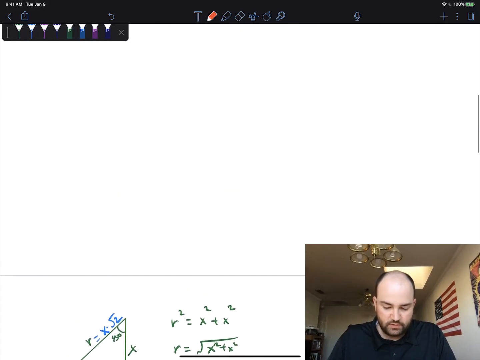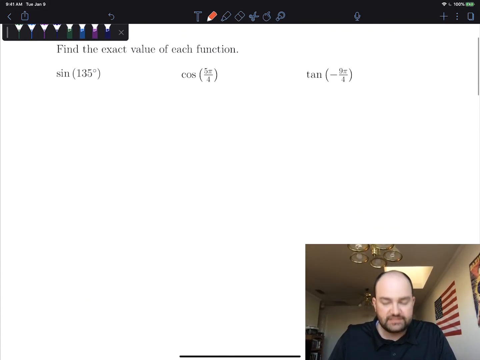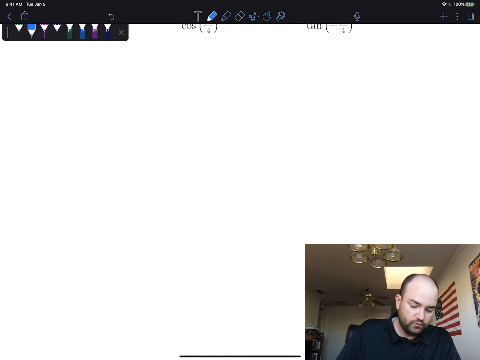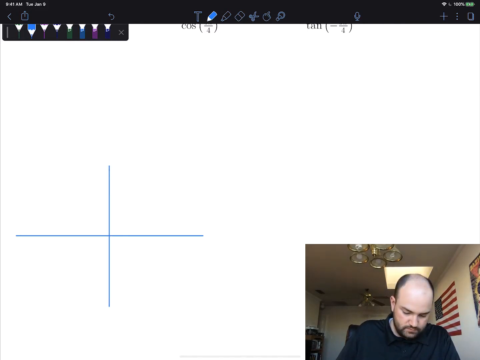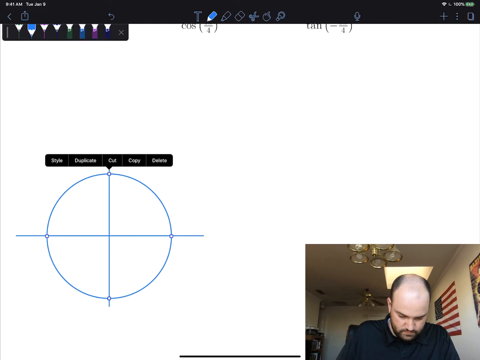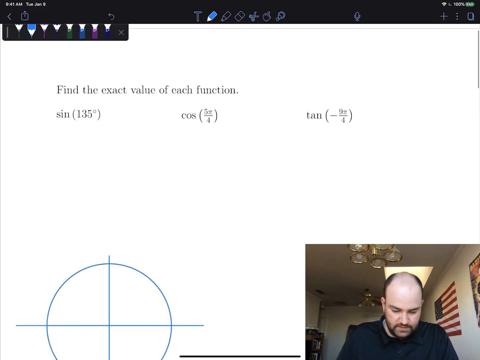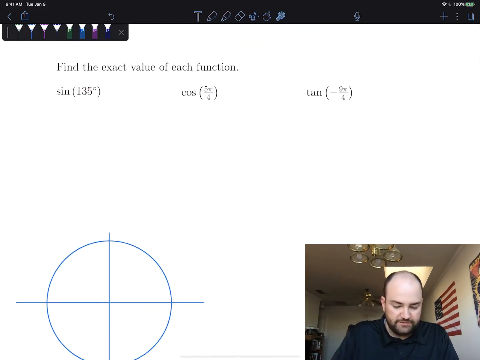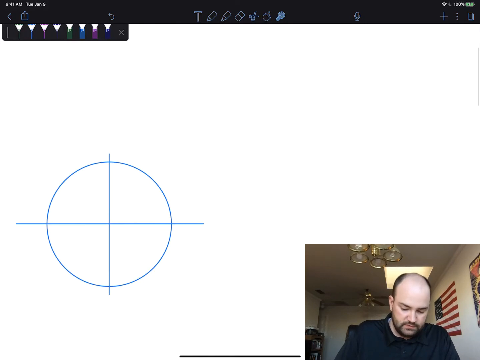Once we know this, though, that makes these questions easy. So let me go ahead and rewrite the unit circle here. Awesome. Now, 135 degrees. 0, 90, 135 is halfway between, so it's right there.